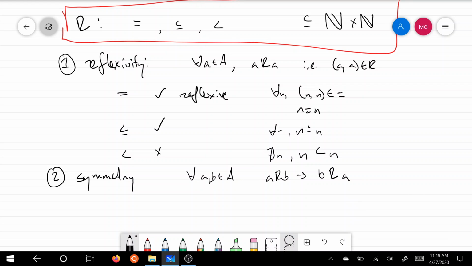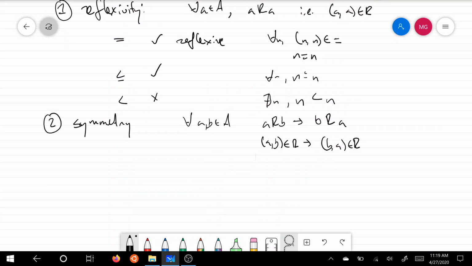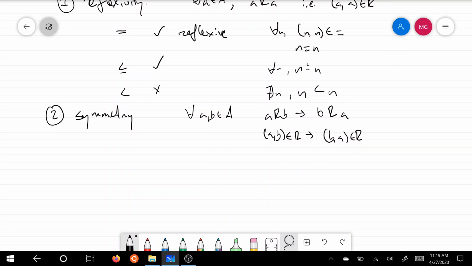That is to say, (a, b) in R implies (b, a) is in R. Okay, what's the status for each of our different relations? Well, equals. So is it the case that if a equals b, then b equals a? Yes. a equals b implies b equals a. You bet.